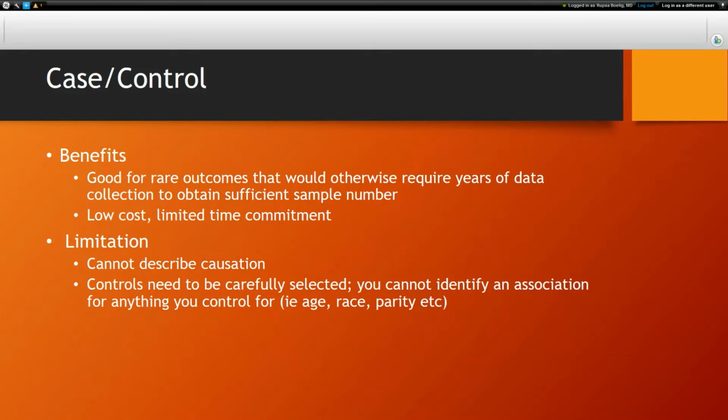And the greater ratio also helps you have more power to filter through the noise and focus on your exposure of interest, because you're not going to be skewed by one control individual being very different than a case, or vice versa.